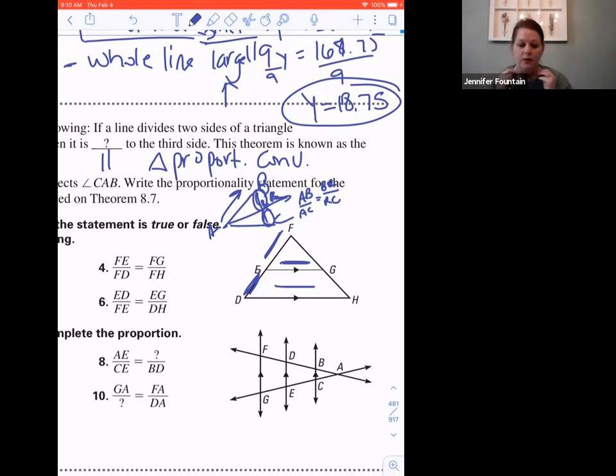So that's going to be one thing to remember, that when I'm comparing the proportionality of my parallels, it's the part of one side compared to the whole side that is proportional to parallel over parallel. The only time I can do part to part is when I'm comparing it to another part to part. Any questions about that?